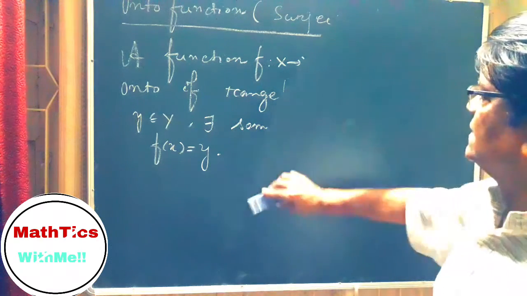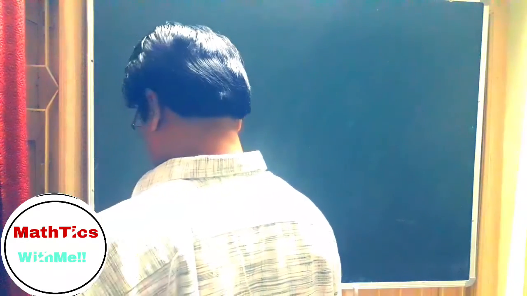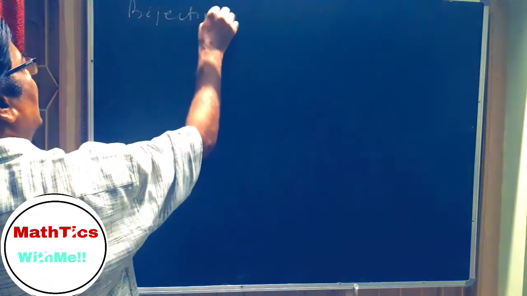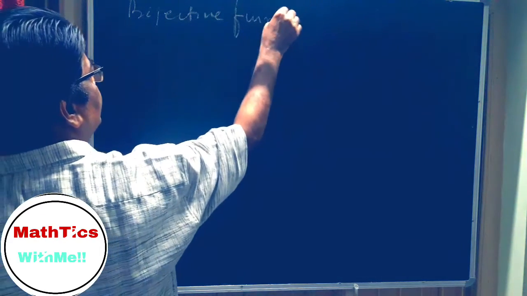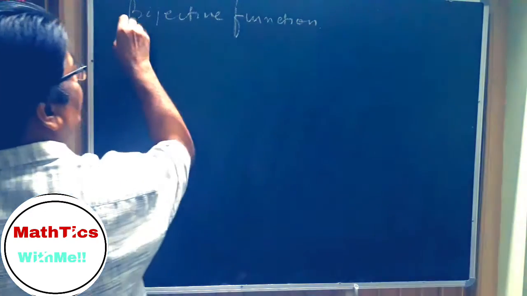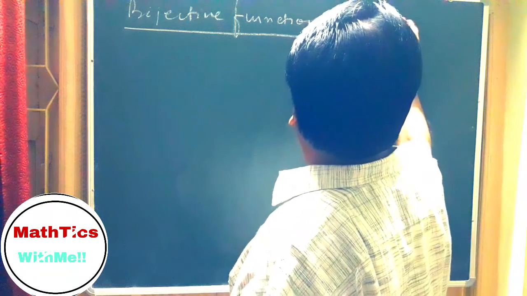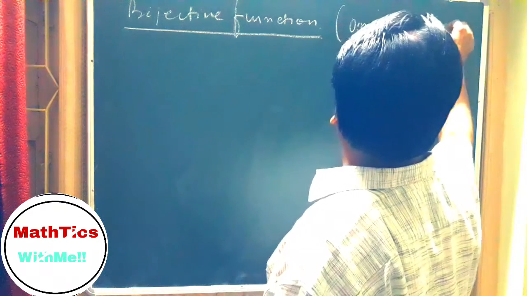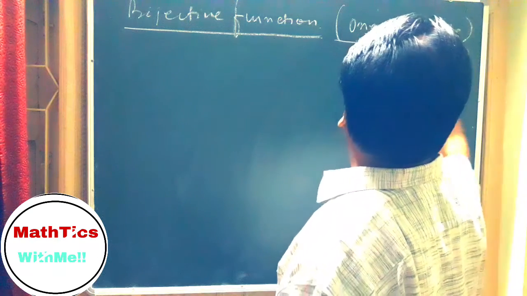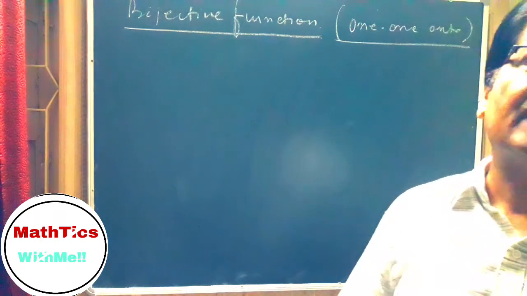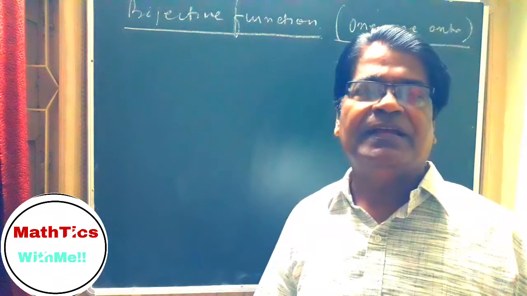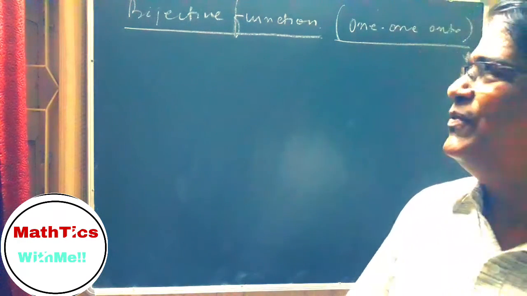So next, let us proceed for bijective function. Bijective or one-one onto function. So the function f from x to y is said to be bijective if it is both one-one and onto.